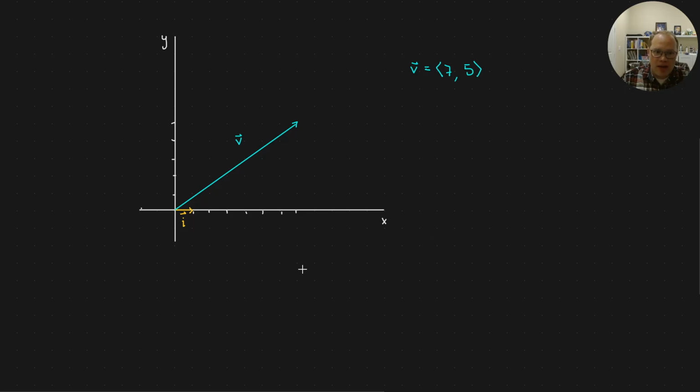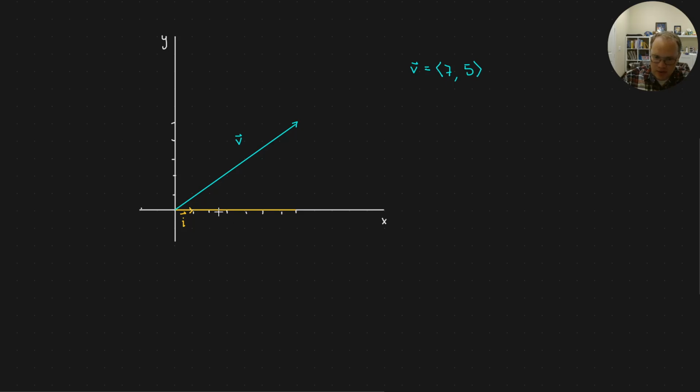But I can break this up into two different movements. I can move in the x direction, in this direction, right? If this vector here has length 1, we call a vector of length 1 a unit vector, then if I repeat that movement 7 times, I'll get all the way over here, right?